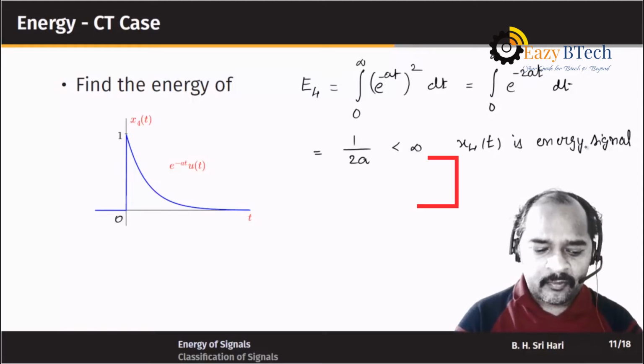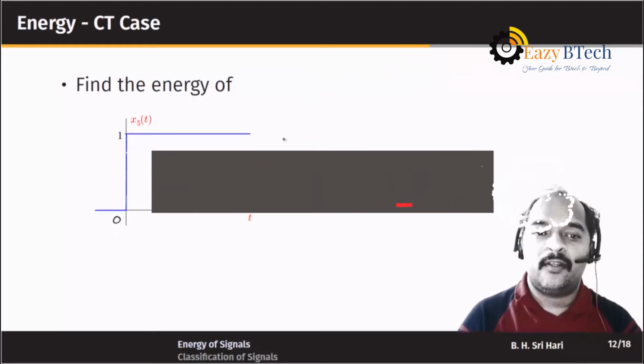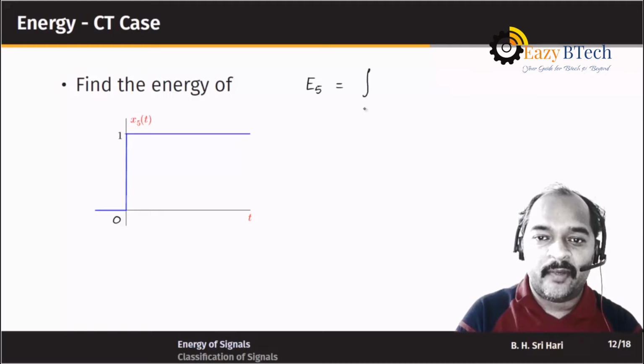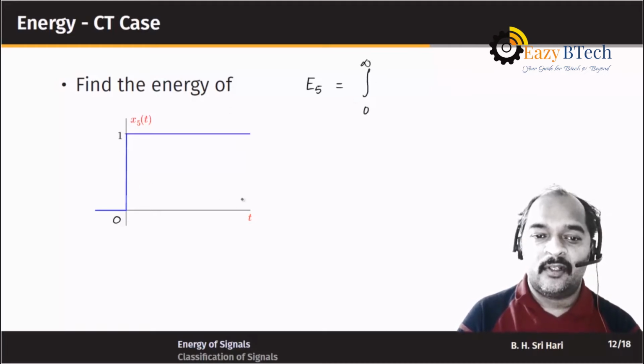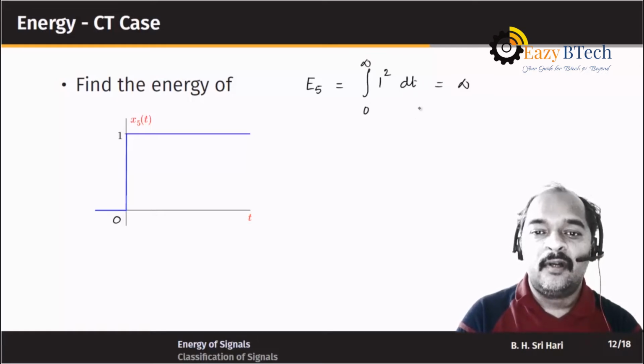Next, we'll take the example of the unit step function. For this signal, E5, which is the energy of the signal x5 of t, would be the integral from 0 to infinity, because the signal exists only from 0 to infinity. You get 1 square dt, which would be equal to infinity.